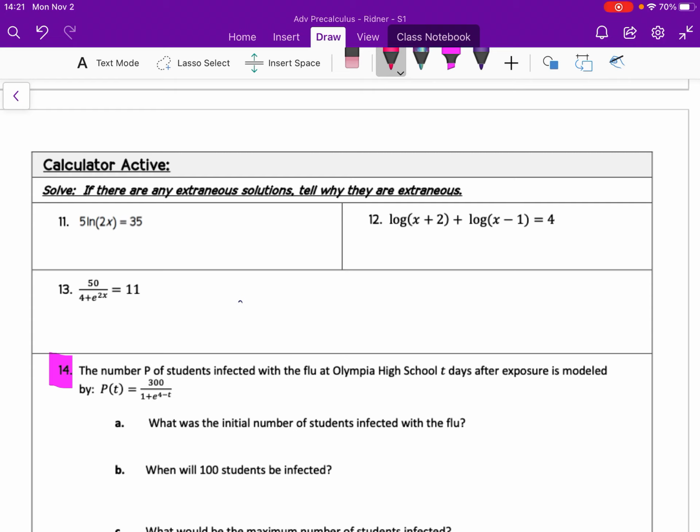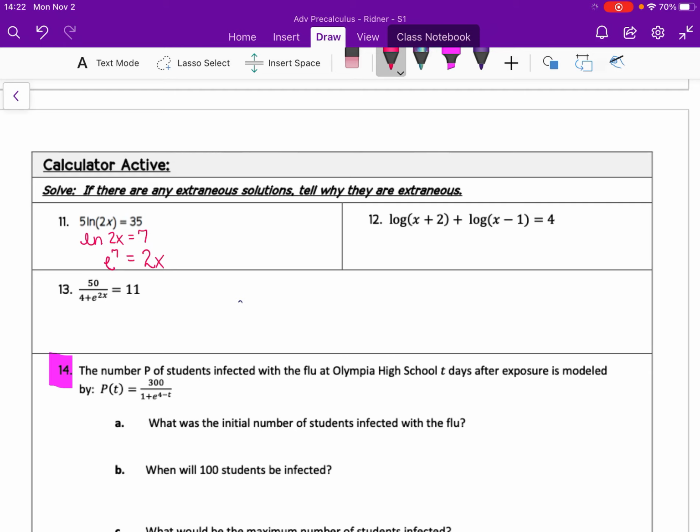So let's see. This is the same as log base e, but first thing I need to do is divide by 5. Because remember, I want log by itself. It's kind of like the exponent there. Then I want to convert forms. So e to the 7th equals 2x.